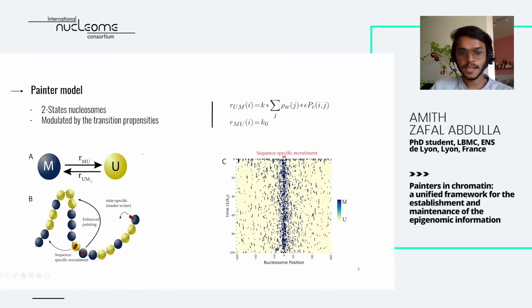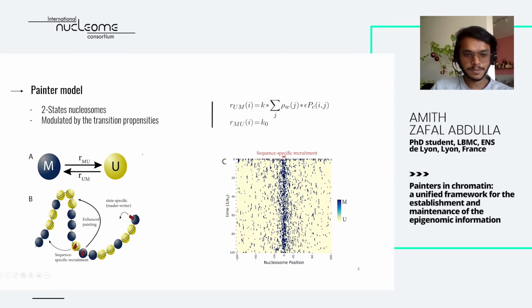The transition propensity RUM is the one that takes unmodified state to modified state. In this term, we will lump in all the mechanisms which we discussed before: the sequence-specific recruitment, reader-writer ability, and long-range spreading via chromatin looping. So this is my DNA sequence here, with blue and yellow nucleosomes.